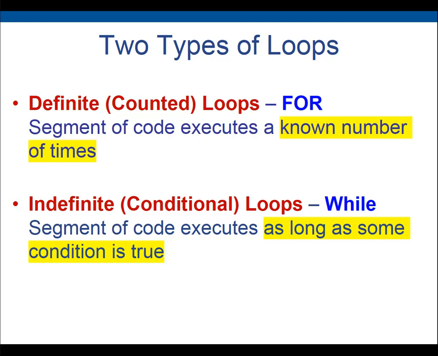It repeats the equations until they reach false. If the condition is true, then the while loop will execute over and over again. So the segment of code executes as long as some condition is true, but if the condition is false, then it will stop.